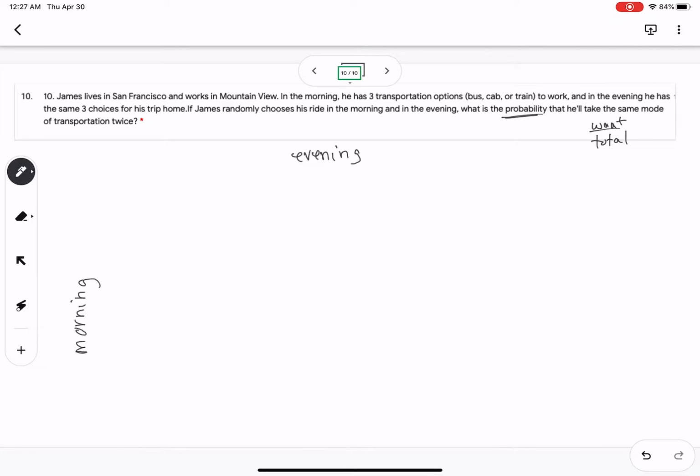So remember he could do bus, cab, or train, right? Bus, cab, or train. So he could take a bus in the morning and a bus in the evening. A cab in the morning, bus in the evening. Train in the morning, bus in the evening.